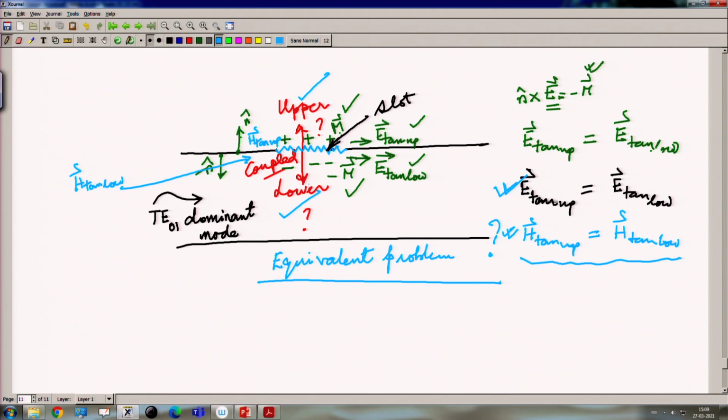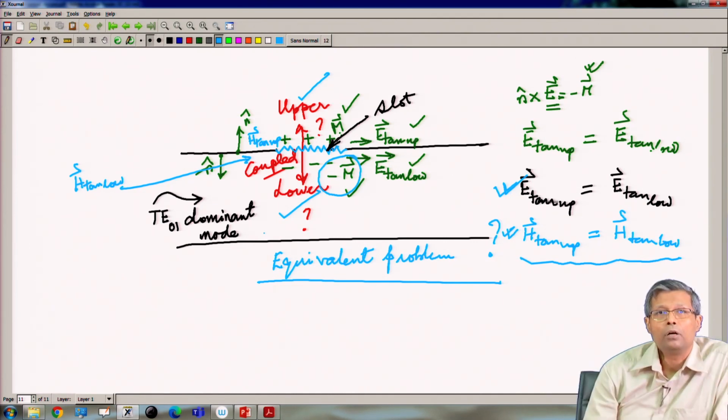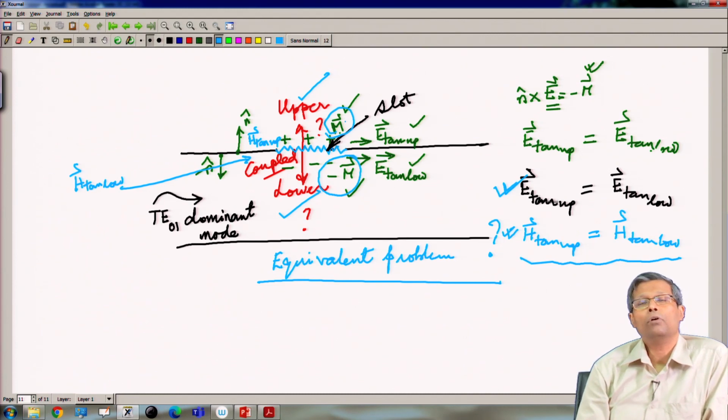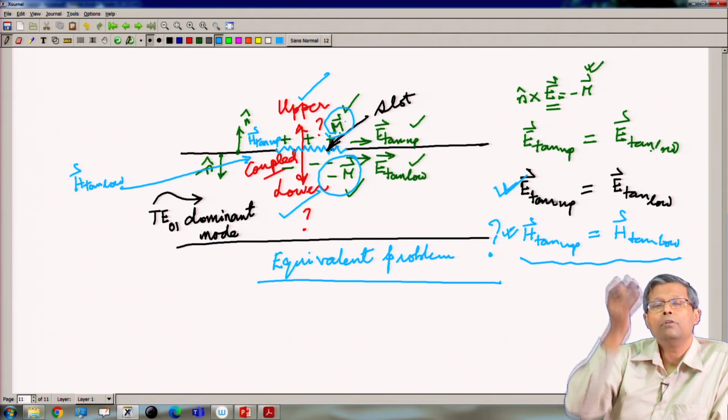For the lower problem, the waveguide is excited by the TE01 dominant mode, and this magnetic current minus M resides over the slot region and radiates inside the waveguide. This radiation from the magnetic current generates all the scattered modes in the waveguide. Similarly, the magnetic current plus M resides on the upper surface of the slot and radiates in free space.